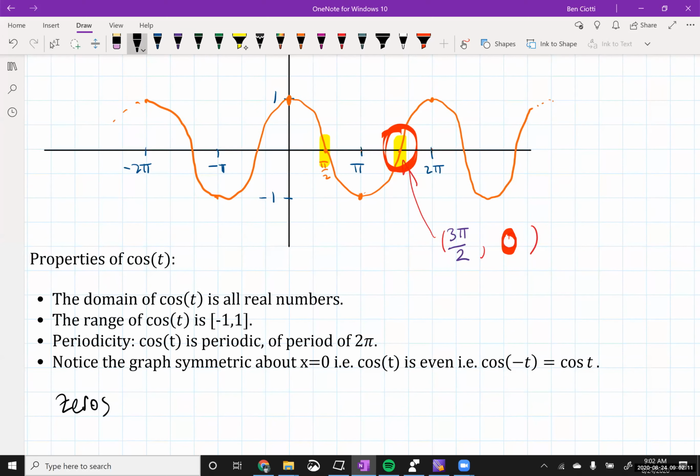The argument, this is a word I've been using occasionally, by the way, is whatever is inside the function. So, when does 2x equal 2 pi? And that will be my period. If 2x equals 2 pi, then x equals pi.